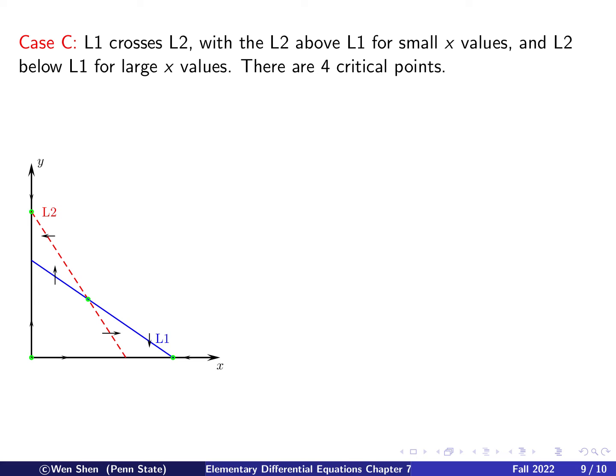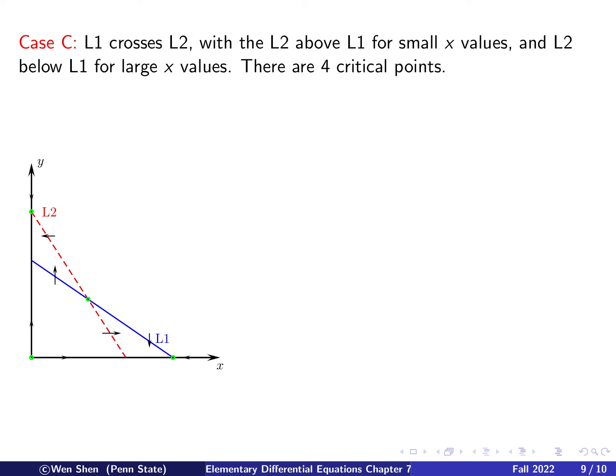Now let's look at case C, where L1 crosses L2, and L2 is above L1 for small x values, but then they cross, and after they cross, L2 is below L1. Okay, and the point where they cross becomes the 4th critical point.